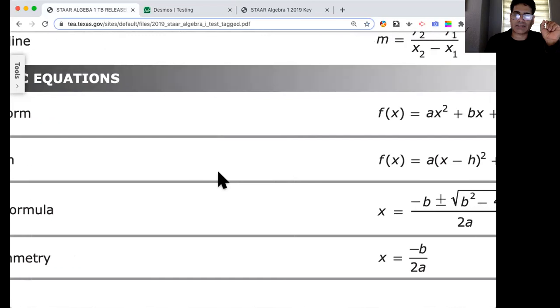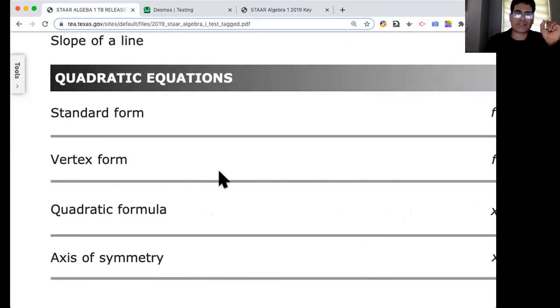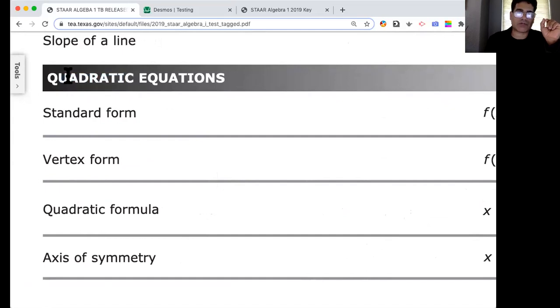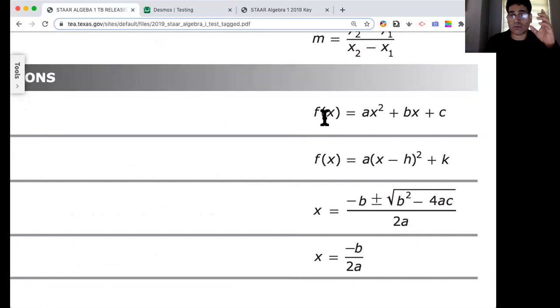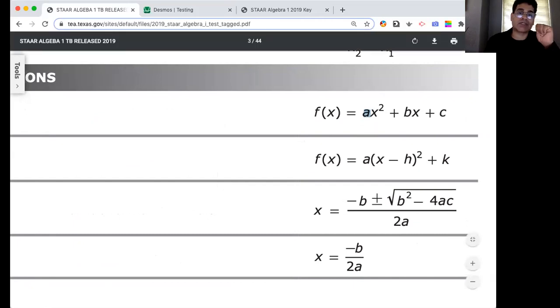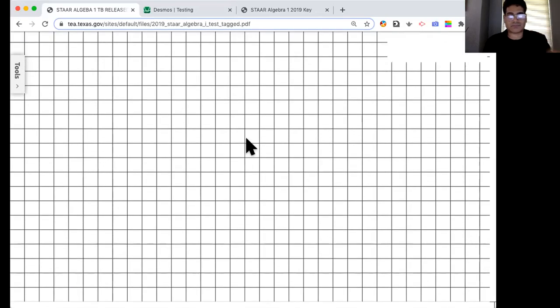There's a vertex form of the quadratic equation, but we also have the standard form. In standard form, the function of x, or y, is equal to a number in front of an x squared plus bx plus c. And remember, if there is no number in front of the x squared, it's just a 1. So taking a look at that, I go back to my problem.